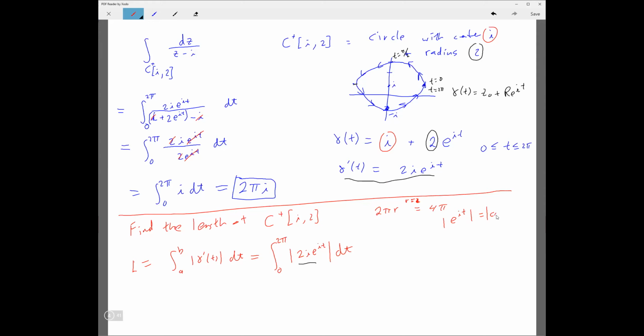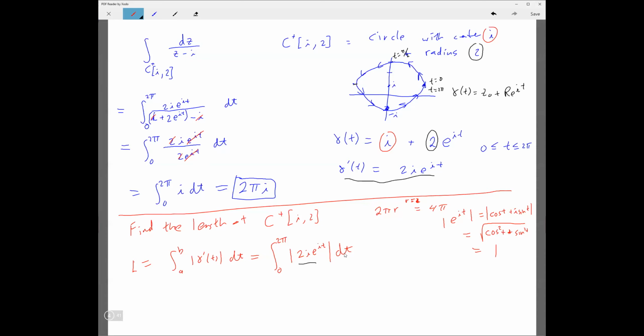It's cosine t plus i sine t, and the modulus is the square root of the real part squared plus the imaginary part squared. What's cosine squared plus sine squared? 1.